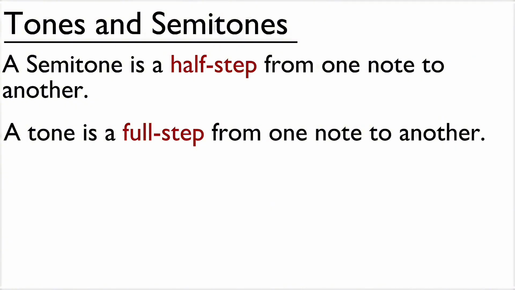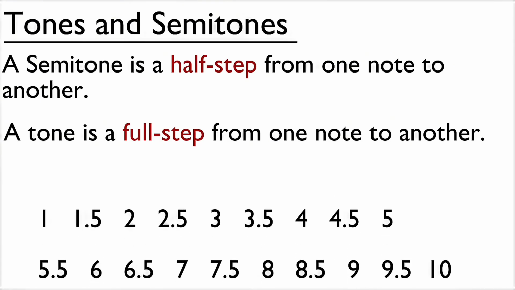I am going to explain this using the numerical system. Look at the set of numbers below, starting from 1 to 10. From 1, we take a half step and move to 1.5. Then we take another half step and move to 2.